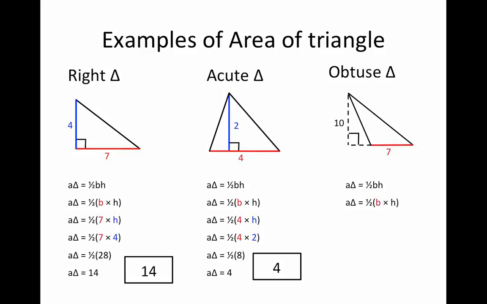My base is 7, so I can plug that in. And right there, I know that that is my height because it is, again, perpendicular to the base, or perpendicular in this case to the extension of the base. So my height in this case is 10. So I simply have to multiply it out. 1/2 of 7 times 10 is 70, which is 35. So the area of this triangle is 35.